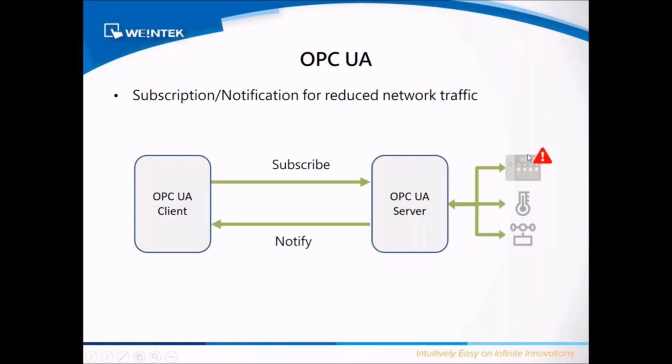Then if something happens, the OPC UA server will actively send a notification to the OPC UA client. So it will save network traffic. You don't have to spend a lot of network bandwidth polling the OPC UA server, because you can just use subscribe, and if something happens, it will notify you without asking every now and then.